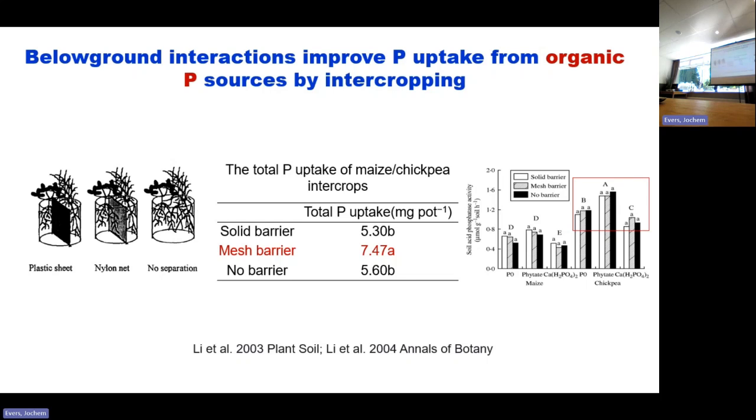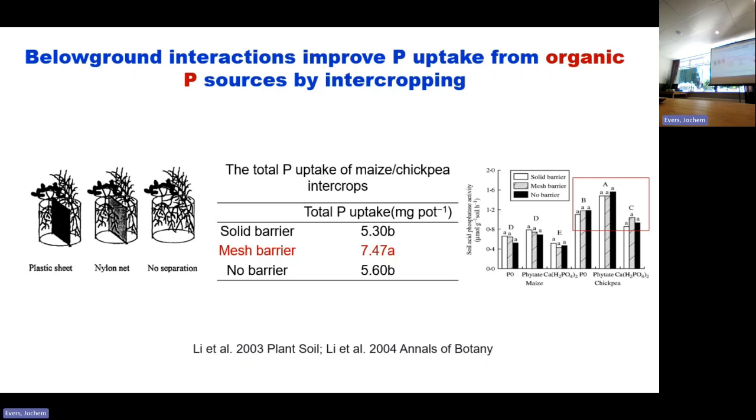Because for the organic phosphorus, plants can only use it by exuding acid phosphatase, which can hydrolyze the organic phosphorus to available P. So then plant roots can use that.